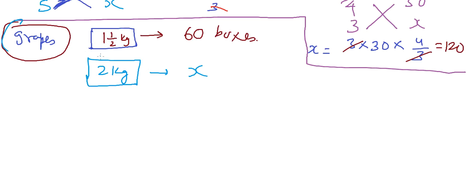That means if one quantity increases, the other one decreases. Because if each box contains more quantity, you will get fewer boxes, or if each box has less quantity, you will have more boxes, correct? So it's an inverse variation.